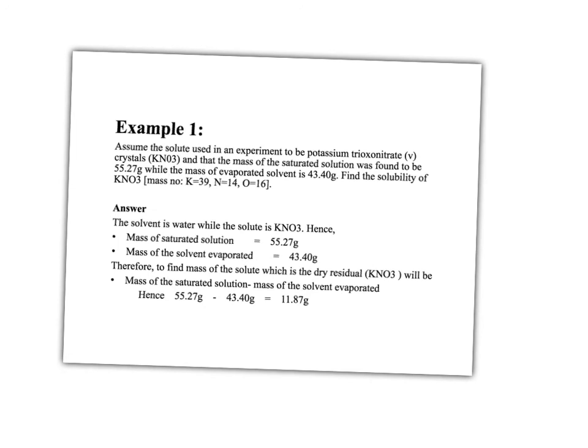Example 1. Assuming the solute used in an experiment is potassium trioxonitrate(V), and the mass of the saturated solution was found to be 55.27 gram, while the mass of the evaporated solvent is 43.40 gram.